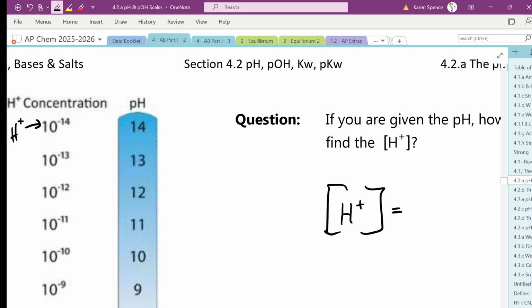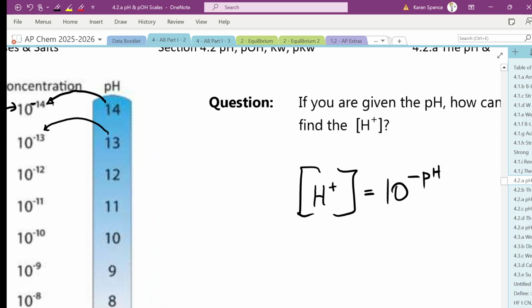It is equal to 10 to the negative pH, right? Hydrogen is 10 to the negative pH. And if it were 9.97, you could say 10 to the negative 9.97.